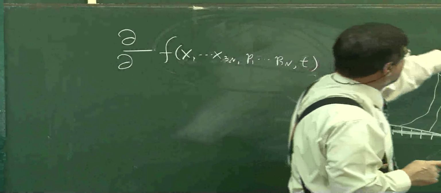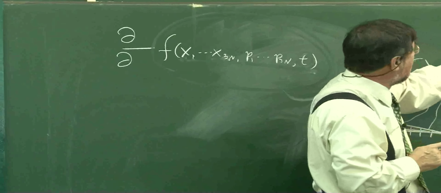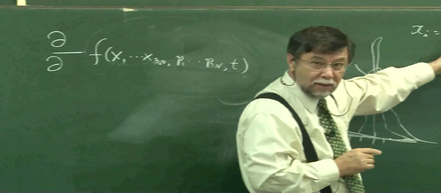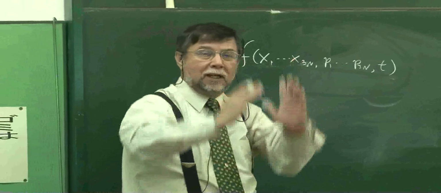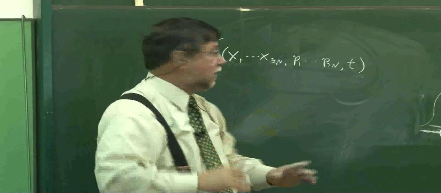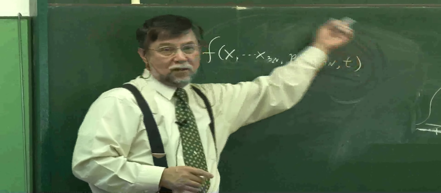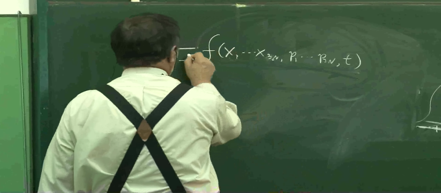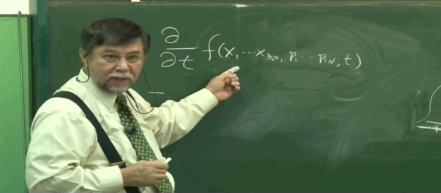Okay? In that case, we are trying to find trajectory dynamics, point transformation, where x and p are functions of time. But when we go to the description by the change of the function, now x is called the phase coordinate. And this quantity obeys some dynamics.